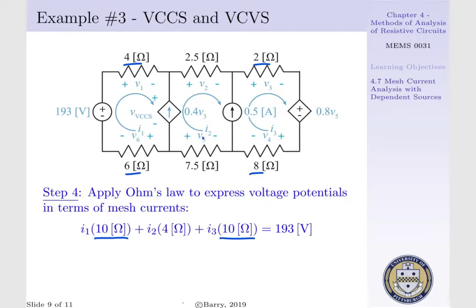Now, when we did our change of variables within our system such that we had V5 expressed in terms of our passive sign convention, we would have 10 ohms times I2 plus 0.8 times Vx, where Vx is equal to minus V5. 0.8 times minus 7.5 times I2 gives us minus 6I2, such that we have a net of 4 ohms times I2.